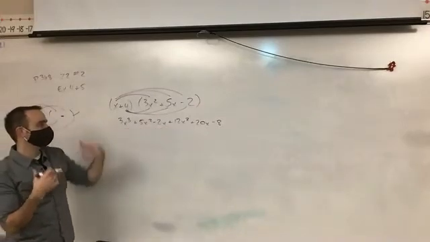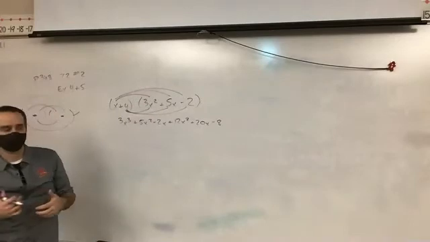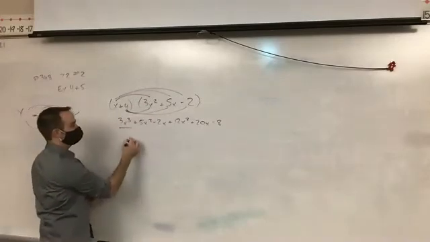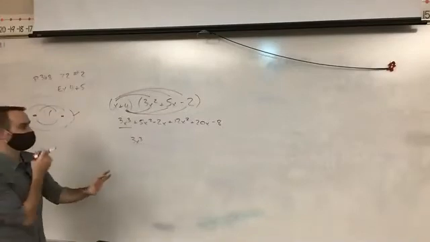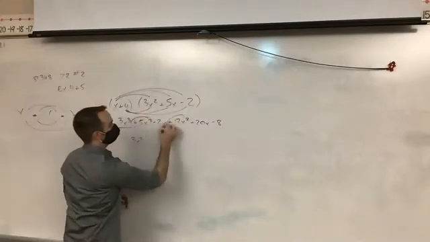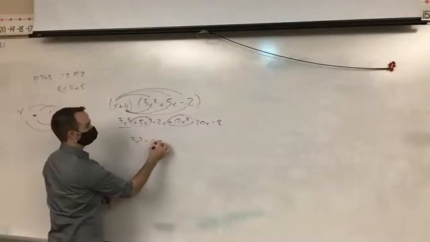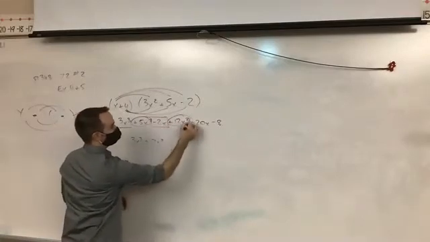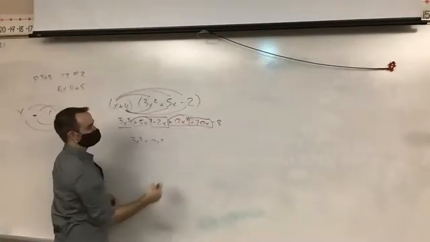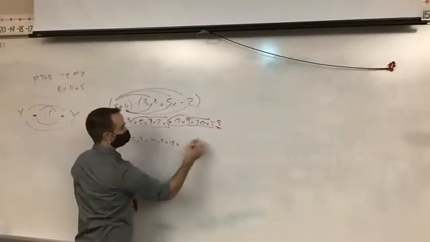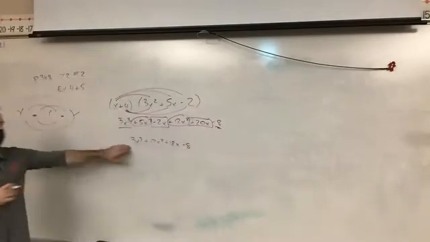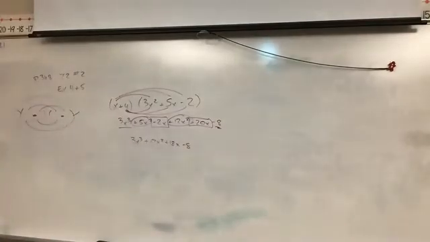Then I can combine my terms. I only have 1 x to the 3rd, and remember, it's got to be standard form, so biggest exponent to smallest. I've got a couple x squareds that I got to combine. I've got 2 x's, so -2x plus 20x. That's going to give me plus 18x. And then I've got that minus 8 at the end. So that would be my answer for it.